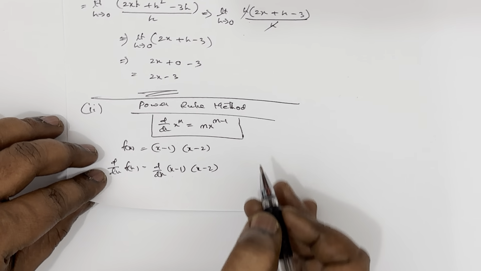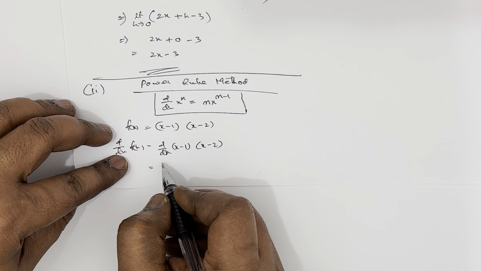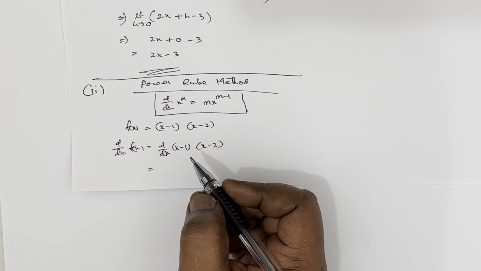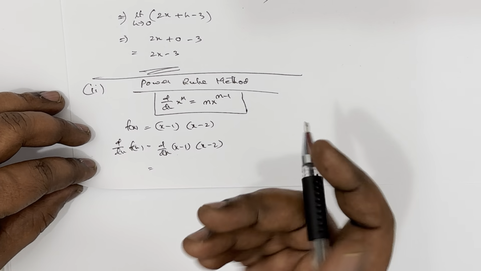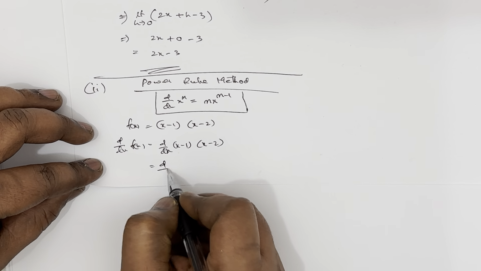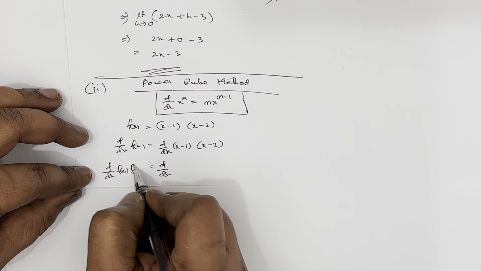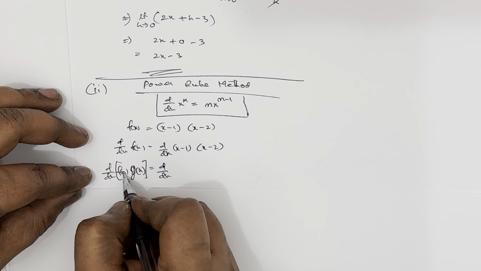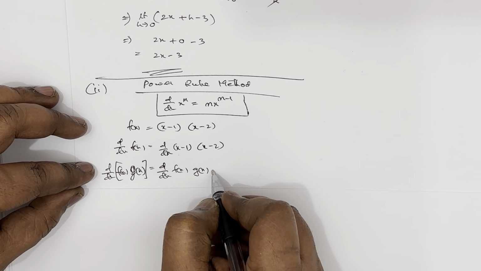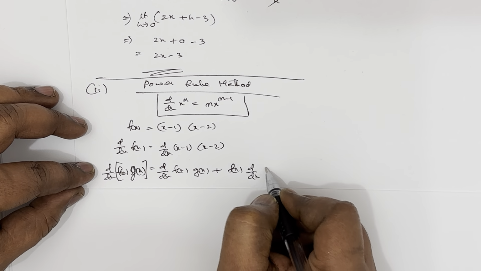So we can use the product rule, the derivative of a product of two functions, that is d/dx of f(x) multiplied by g(x). So it is the derivative of f(x) multiplied by g(x), plus f(x) and the derivative of the second function g(x).